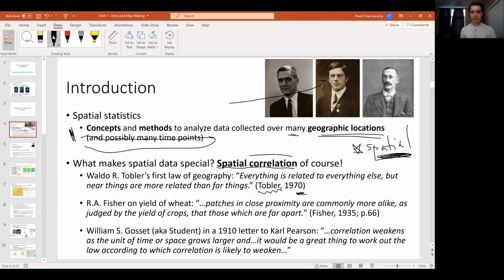But as the father of statistics, it wouldn't surprise us that he had some things to say about spatial correlation. So in 1935, he noticed that patches of wheat in close proximity are commonly more alike as judged by their yield of crops than those which are far apart. So maybe he really was the first one to think of this first law of geography. Of course, this was 35 years before Tobler.